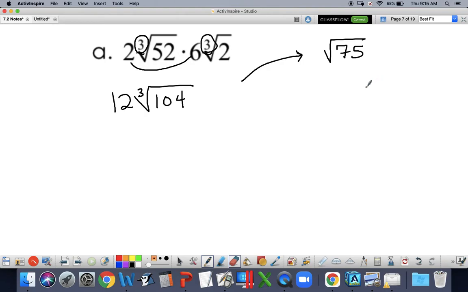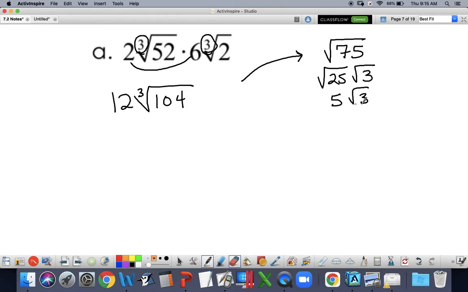This brings us back to Unit 2 when we first started reviewing square roots. In order to simplify this radical, I ask myself, are there any perfect squares that divide into 75? And there are. 25 times 3. I would then take the square root of 25 and I get 5 square root of 3.